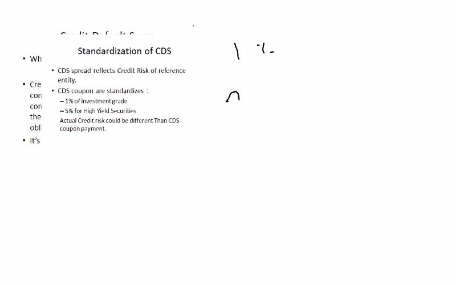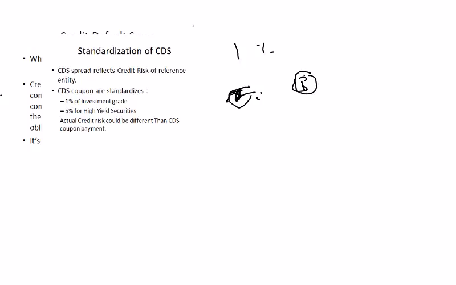So let's assume there is a credit protection buyer A. Excuse me for the spelling mistake. There is a credit protection buyer A, and there is another party which is B. A has exposure to a reference entity, and he wants to cover up the credit risk of the default of the company, and B is the credit protection seller.